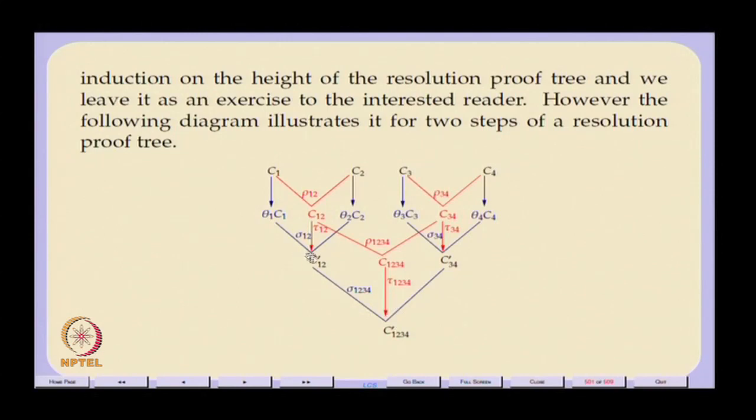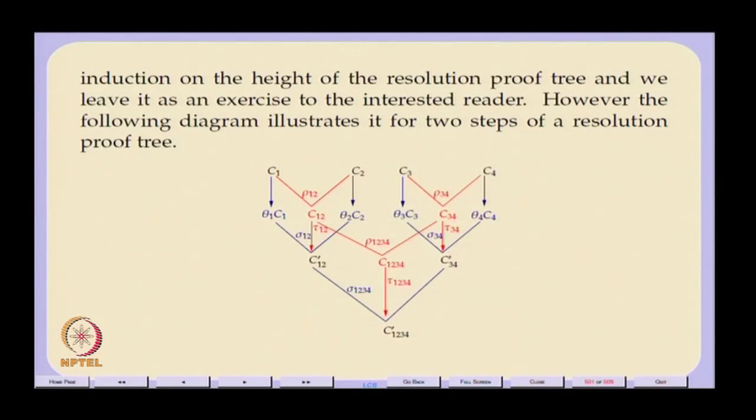Now, the Lifting lemma in each case guarantees these red lines, right. So, it says that it is possible to find a resolvent C1 2 without doing any substitution, such that if I want C prime 1 2, then there is a ground substitution tau 1 2 which will give me that, and similarly in this case. And look at this: C1 2, C3 4, C prime 1 2, C prime 3 4 and C prime 1 2 3 4, they also satisfy conditions of the Lifting lemma.